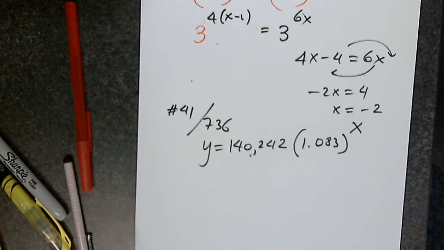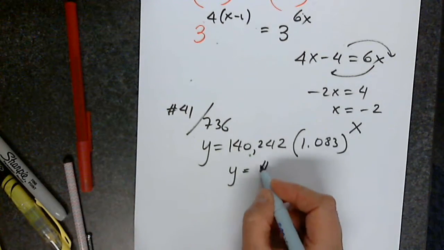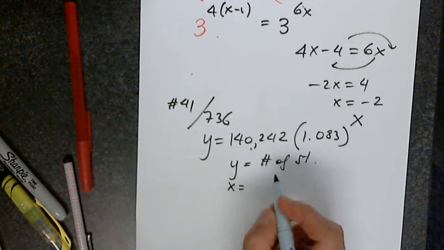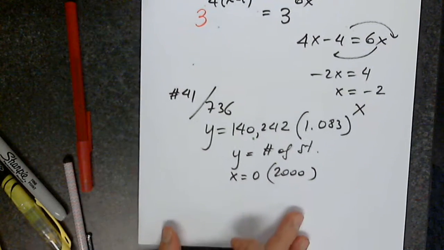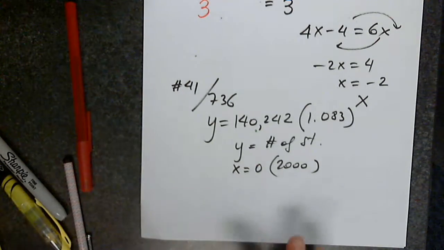In the equation, y is the number of American students studying abroad, and x represents the number of years after 2000. So y is the number of students studying abroad, and x is 0 for the year 2000. Estimate the number of American students studying abroad in 2004.